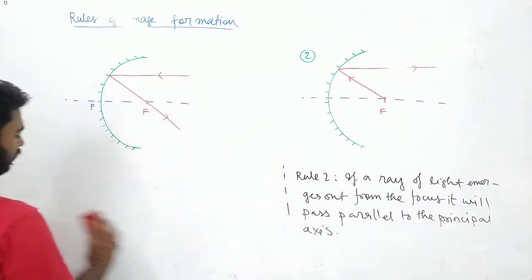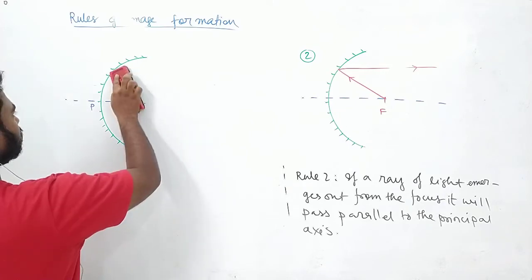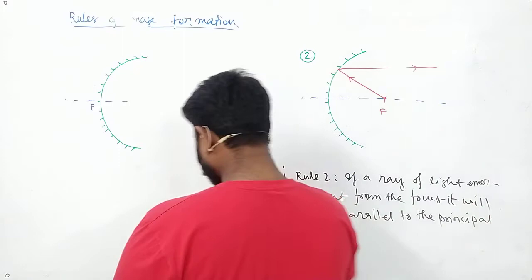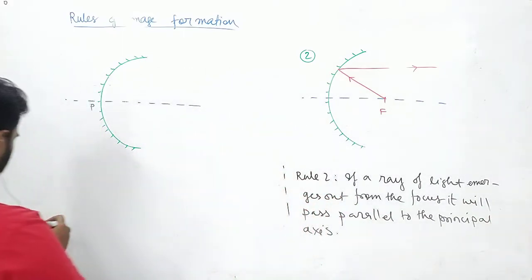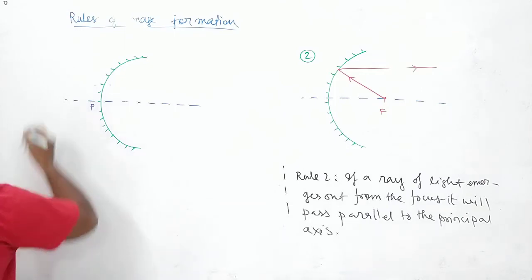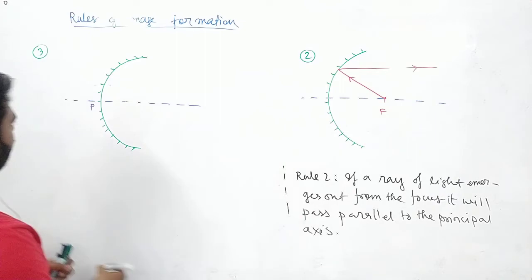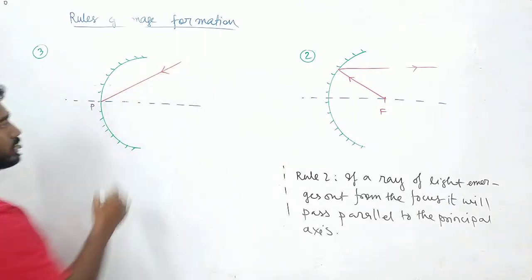Rule number 3. What does rule number 3 tell us? Suppose a ray of light comes and falls on the pole.